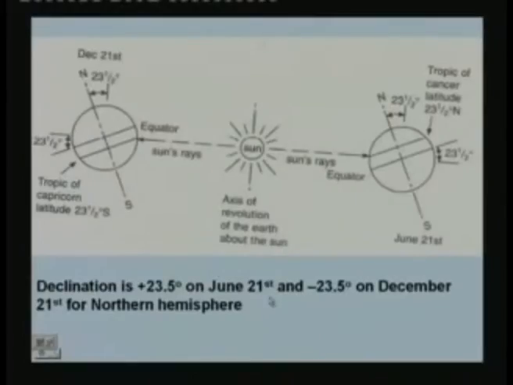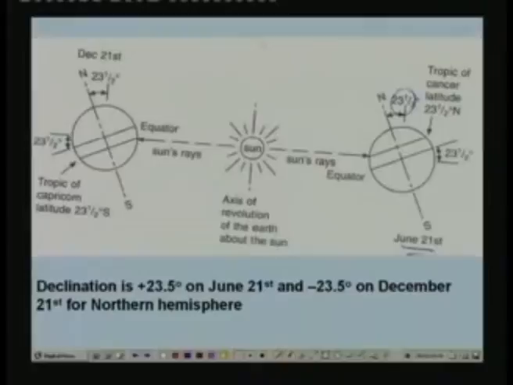Now, if you look at this figure, you will find the tilt and the effect of the tilt. Again you can see that this angle is 23.5 degrees, and on June 21st this is your northern hemisphere and this is your southern hemisphere. On June 21st the northern hemisphere is tilted towards the Sun, whereas the southern hemisphere is tilted away from the Sun. As a result, the northern hemisphere experiences summer during this season.